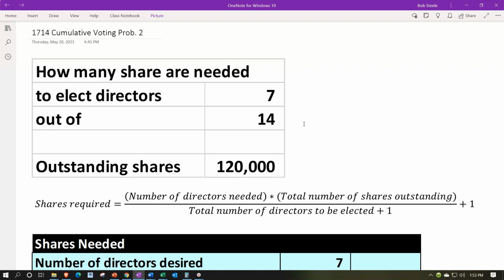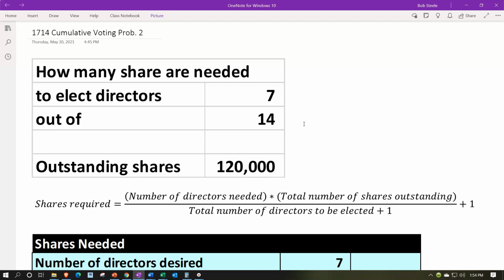Now, if we had a straight vote, we would be voting basically for 14 of the seats, and everybody would vote for 14 of the seats, right? And if you had someone that had over 51% of the voting power, then they would win all of them if there was a straight vote for each of the 14.